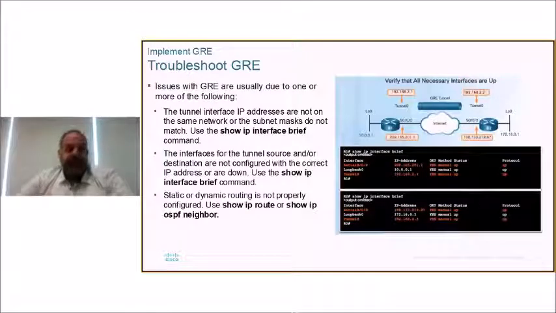Now, how do we troubleshoot it? Again, you can use some of the same commands. There can be issues. Of course, the tunnel destination needs to be reachable by some means or another.